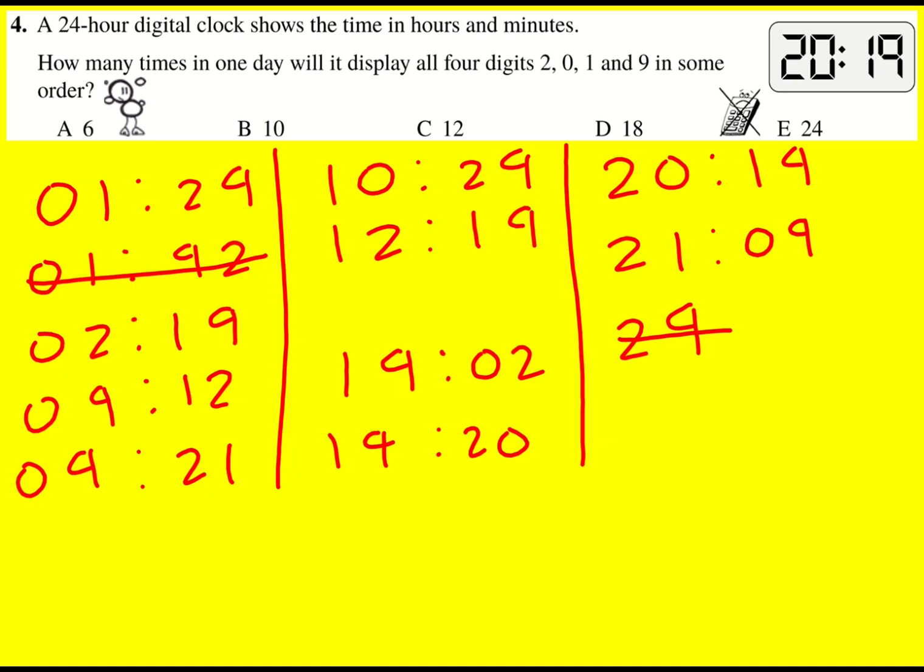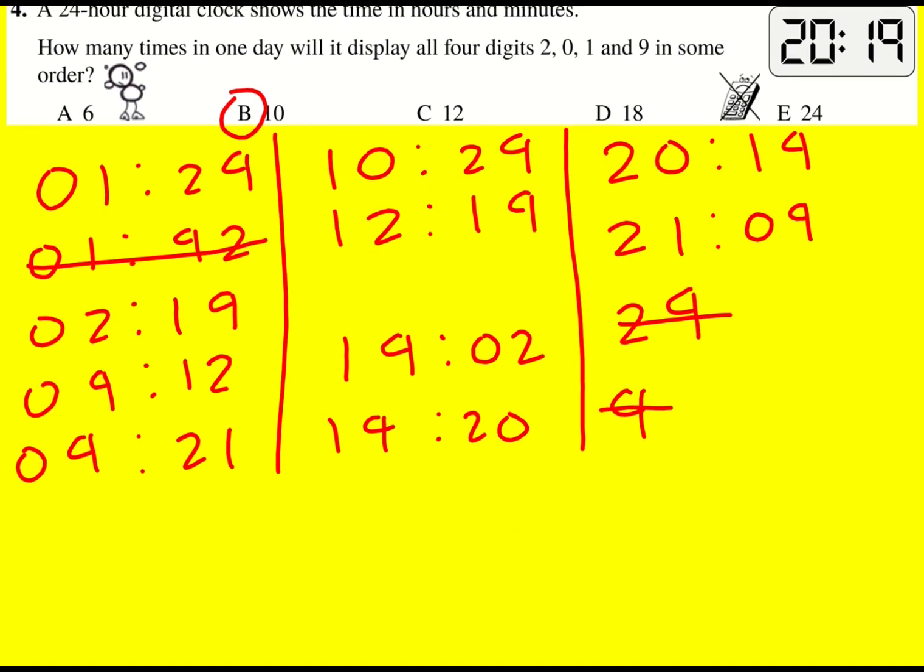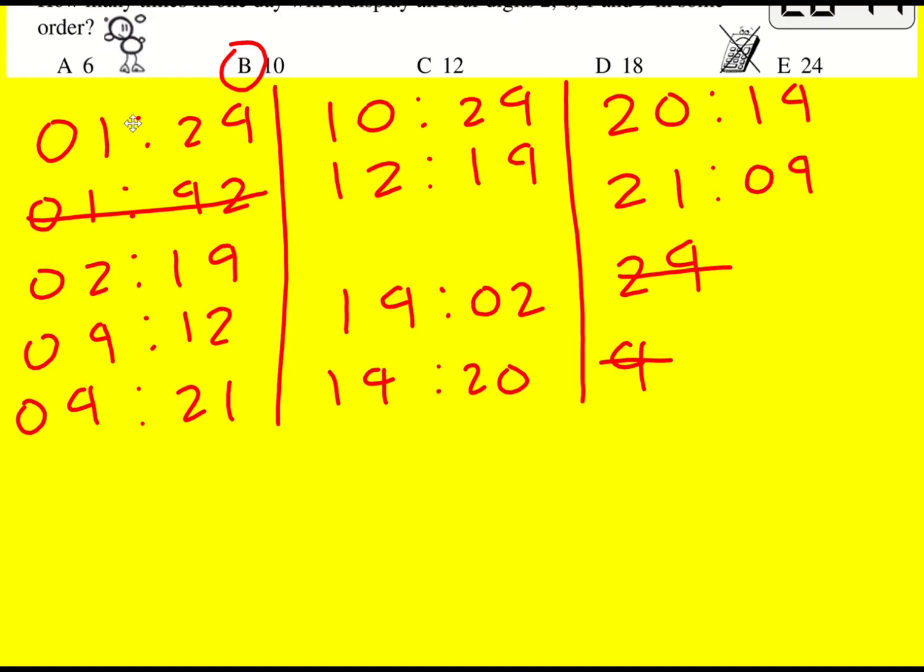There's also not going to be one where 9 is the starting one. So we've got 1, 2, 3, 4, 5, 6, 7, 8, 9, 10. 10 answers. Okay, that didn't take too long, and I was quite careful as I went along. I started with all the different numbers, made sure I ruled out some, and I'm left with these.